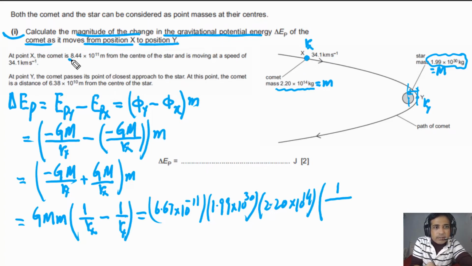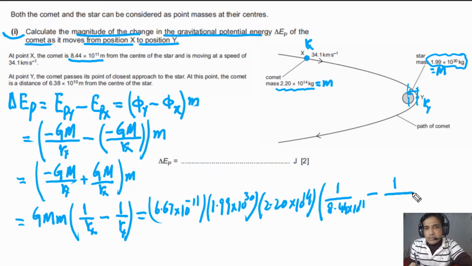At point x the distance is given, that is equal to 8.44 times 10 to the 11, minus, when the comet is at point y, the distance between the center of the star and the center of the comet at point y. At point y the distance is also given to us, so this is 6.38 times 10 to the 10.